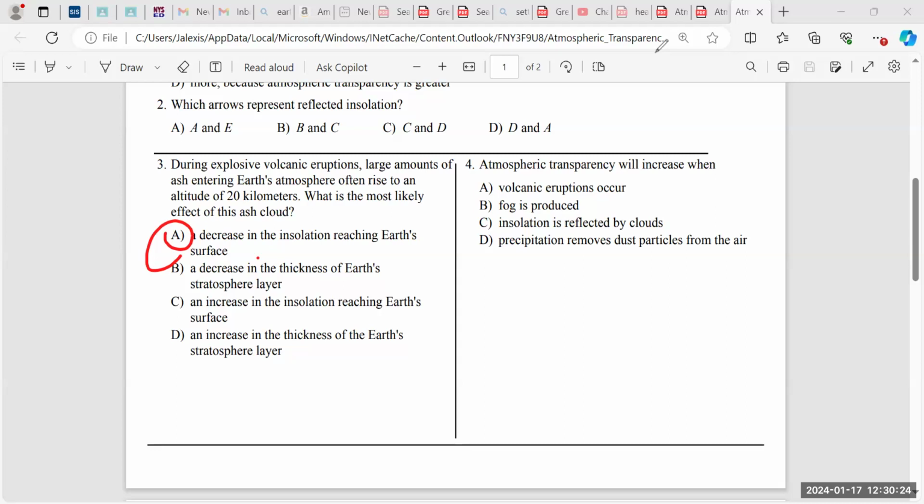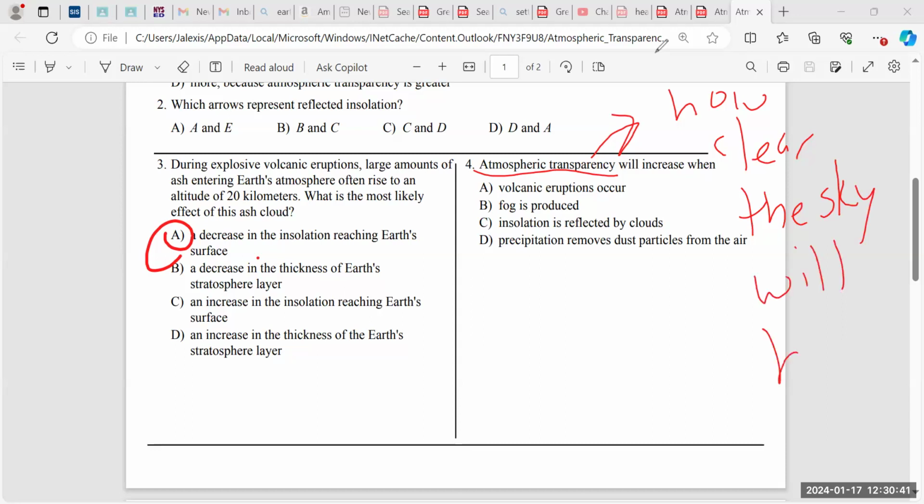So when they're talking about atmospheric transparency, what they're talking about is how clear the sky will be, right? And especially if you want atmospheric transparency to increase, that means we need clearer skies. All right.